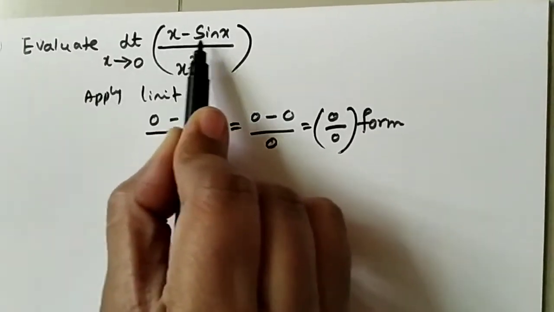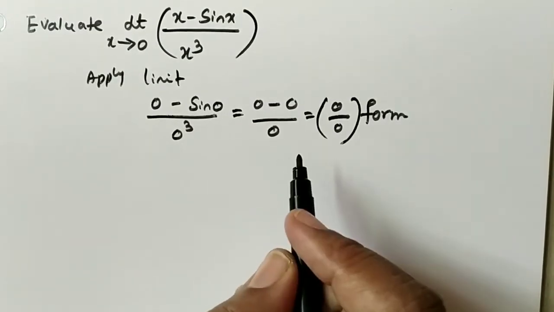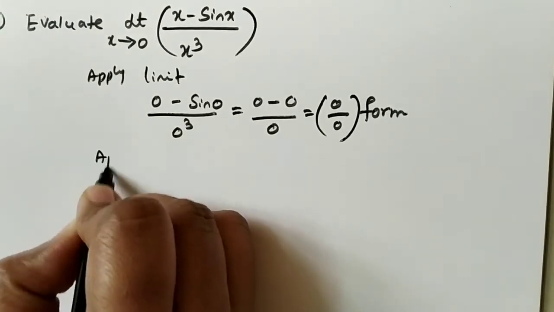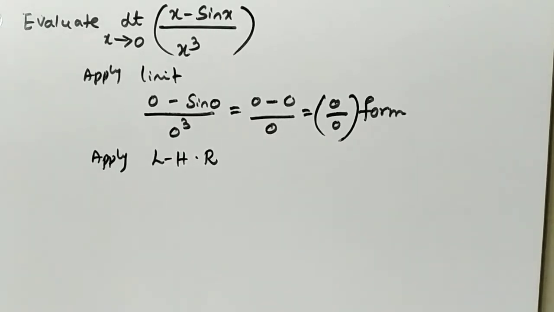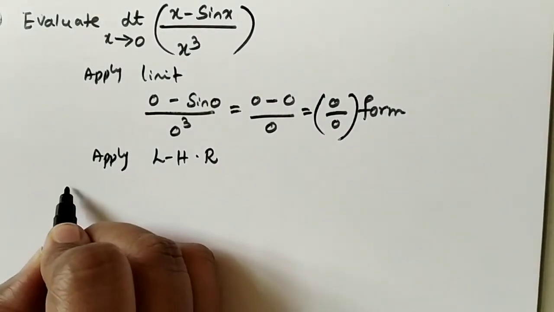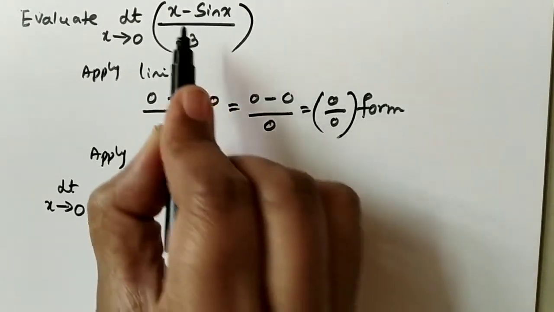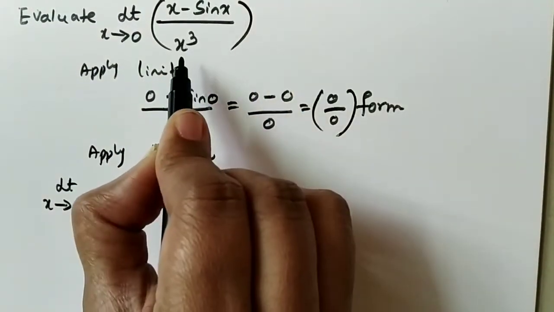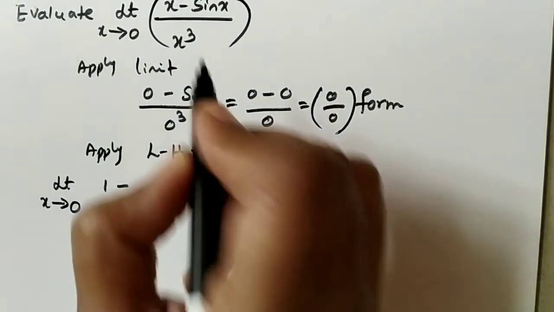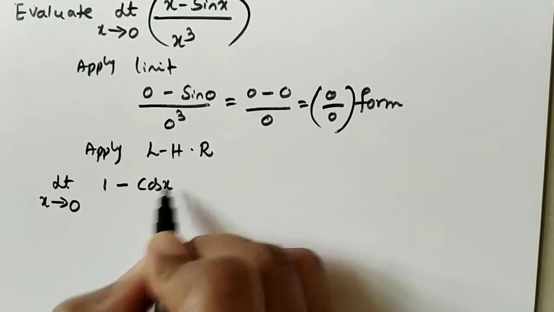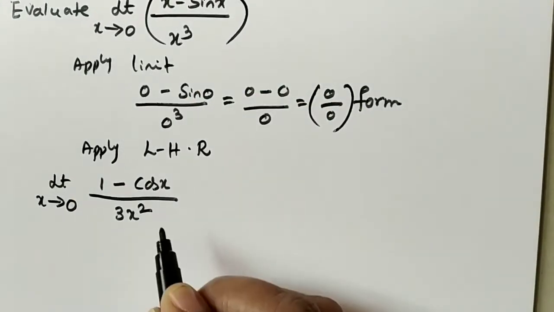To evaluate this limit, we will apply L'Hospital rule. The procedure: limit x tends to 0, differentiate numerator and denominator separately. The derivative of x is 1, minus sin x differentiation is cos x, divided by x cube differentiation, which is 3x square.